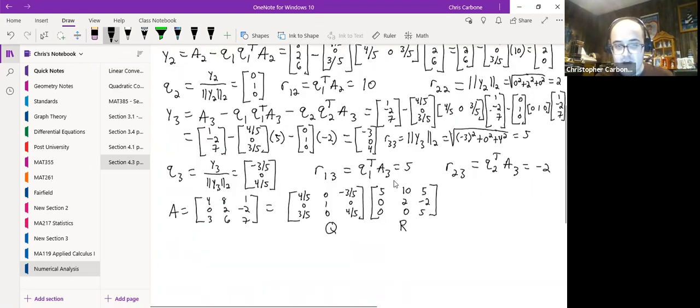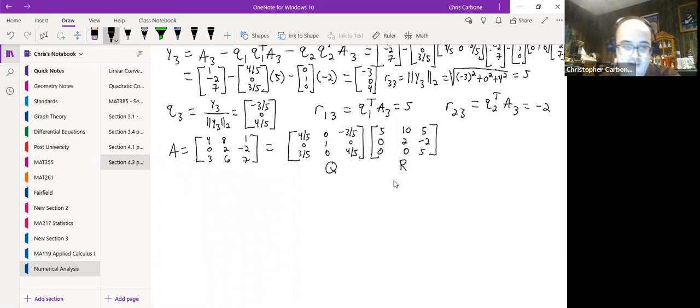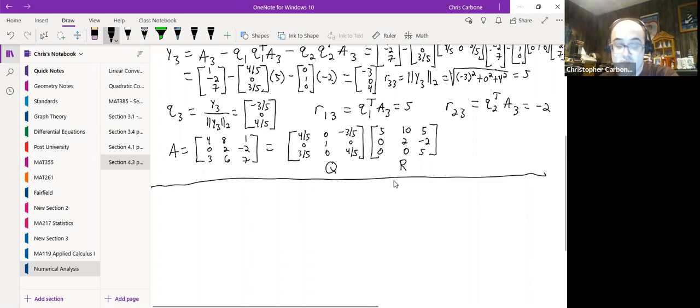So now, when it comes to the full QR factorization, all the math that we just did above, almost all of it stays the same. The only difference is the value of y sub 3. That's the only thing that changes. And when I say the value changes, the only thing that changes is the calculation.